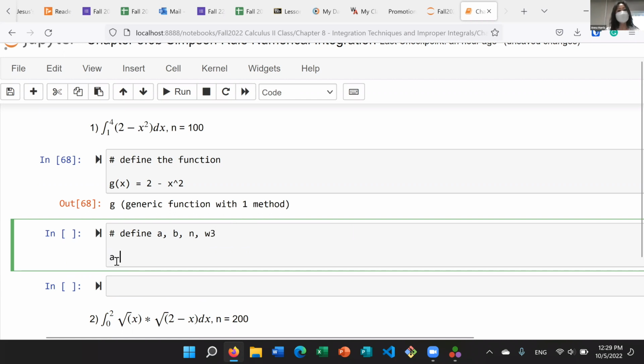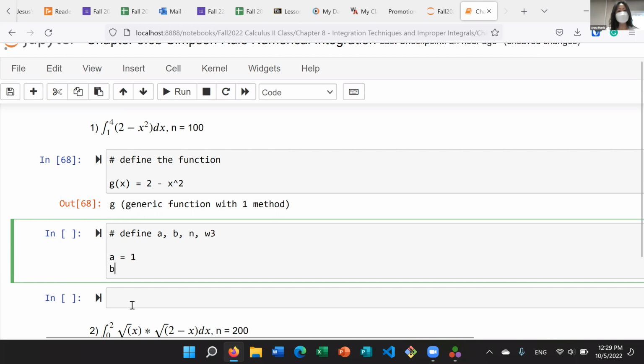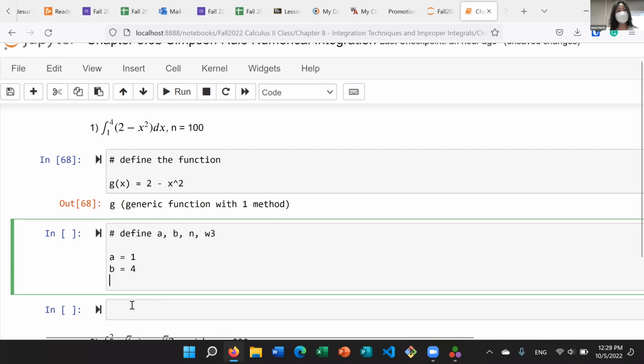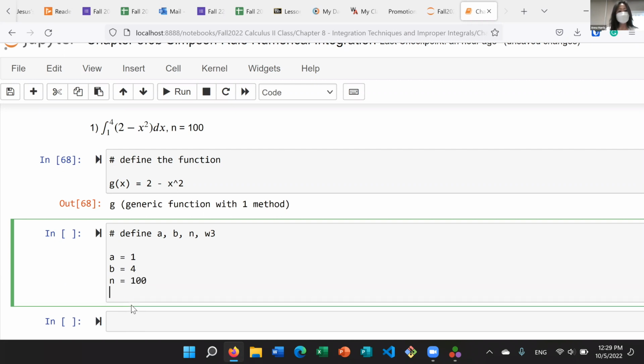Okay, so in this case, A is still what? 1, actually 1. B is what? 4. And then N is 100. And then W3, I'm going to call it W3, which is equal to B minus A over N. That's always same thing. That's my width.